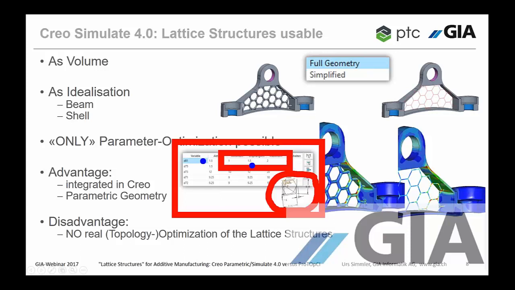Imagine you are changing maybe 20 of those values: an optimizer will not be able to find the global minimum or maximum.